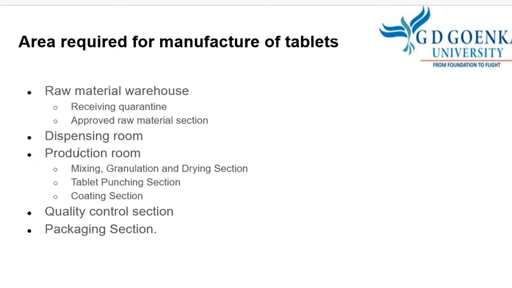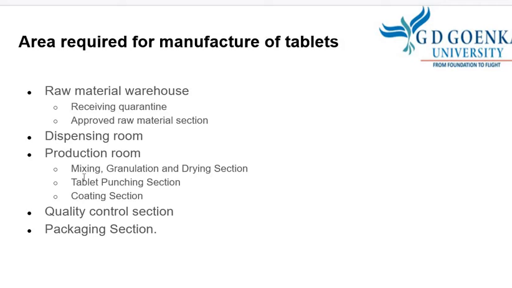Thereafter, there is a dispensing room wherein all the excipients and drug substance are weighed and dispensed. UV laminar flow is maintained within the dispensing area, and either an electronic balance or a big balance for bulk weighing of excipients is maintained. They should be regularly calibrated.